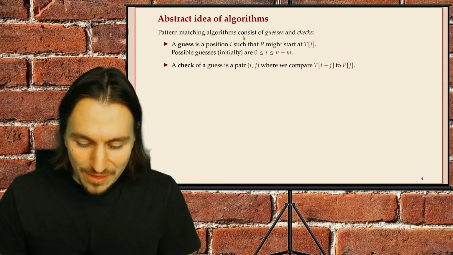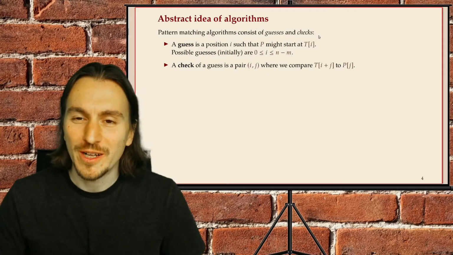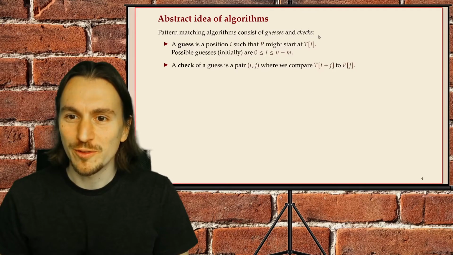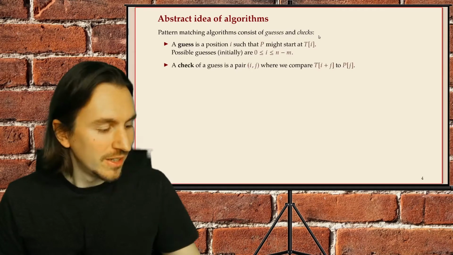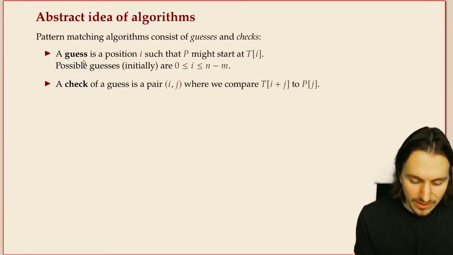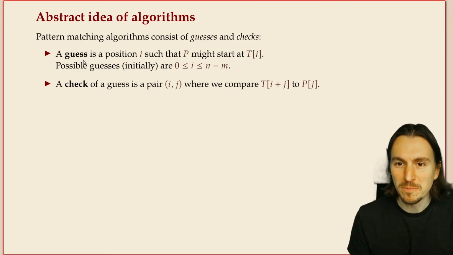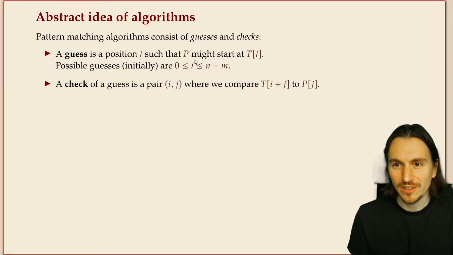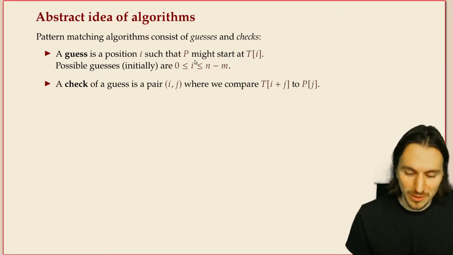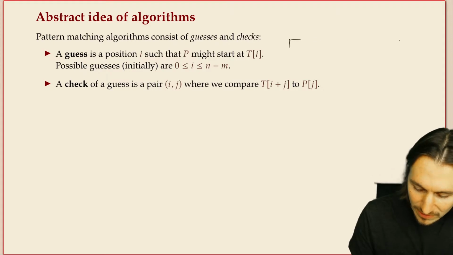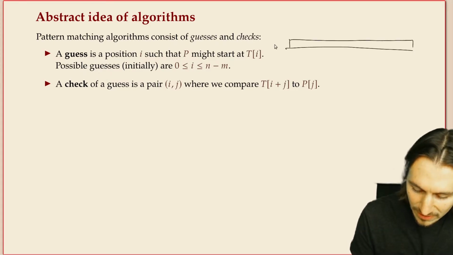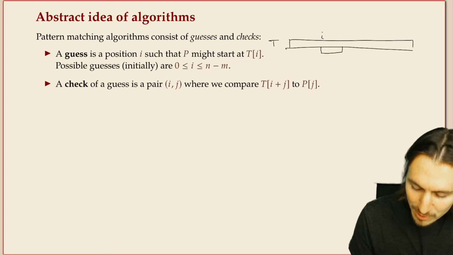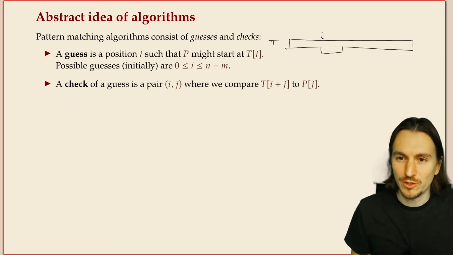A general thing that is true for almost all of our algorithms for string matching is that they can be described in terms of guesses and checks. And here, a guess is a position in the text at which the pattern might start. It's a guess because we don't know yet, but whenever you have a long text, T, you can always guess that the pattern might be found starting at this position.